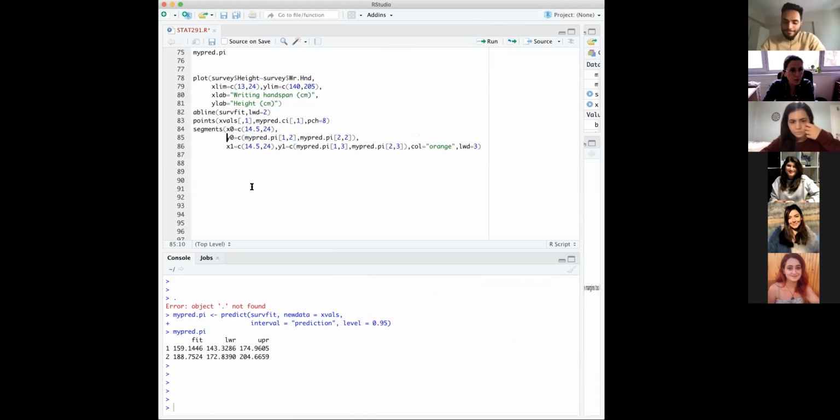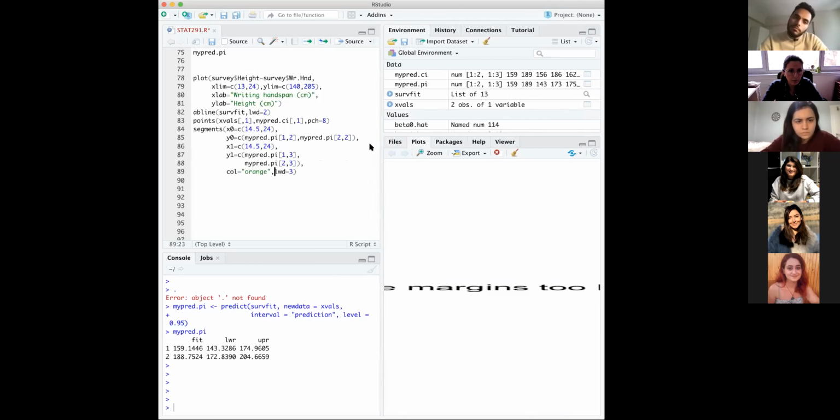This is my first segment. You see that I have 2 of my points. I'm getting my predictions from them. And again, I have my predictions and I want to add them as orange, okay? Maybe not this one. Let's see what happens.